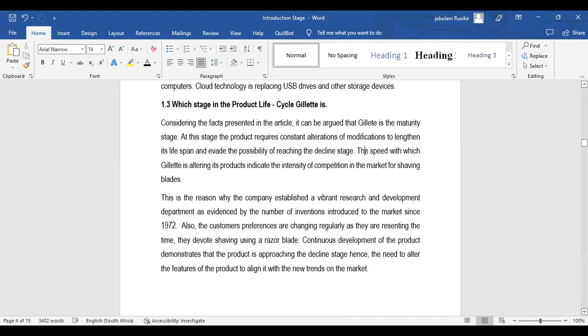For shaving blades, which is proof enough that it is what? It is the maturity stage. So this is the reason why the company established a vibrant research and development department, as evidenced by the what? By the number of inventions introduced to the market since 1972, which was what I was explaining.